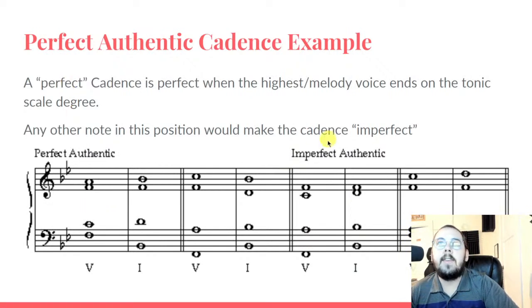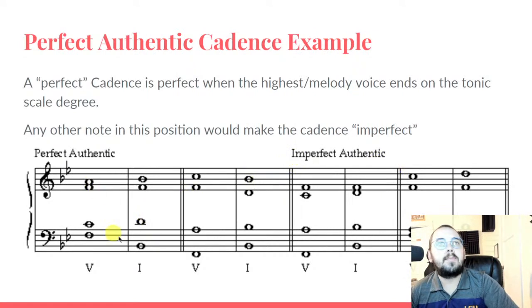What makes it a perfect or an imperfect cadence depends on what note is in the melody, or sometimes just the top voice of the harmony. If it ends on the tonic, scale degree 1, then it's a perfect authentic cadence. If it is anything else, it's considered an imperfect authentic cadence.